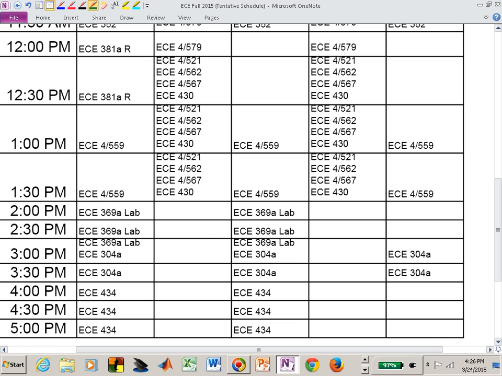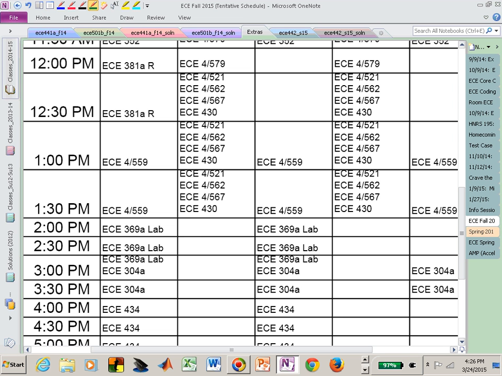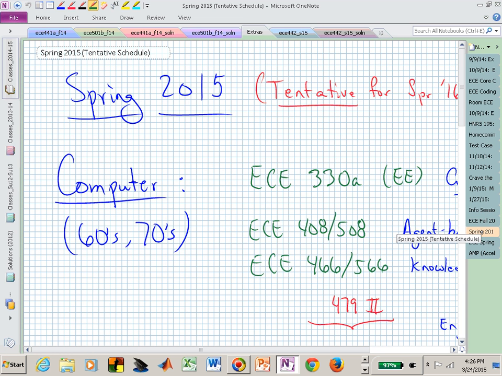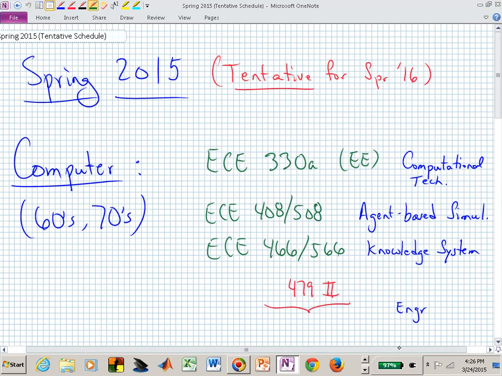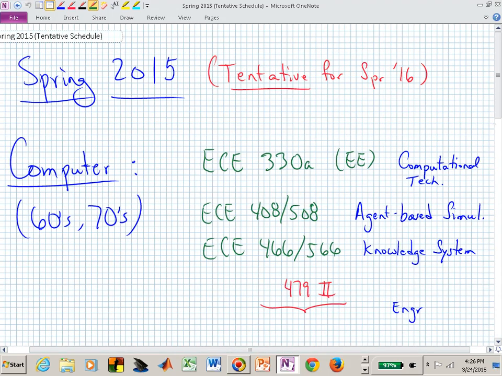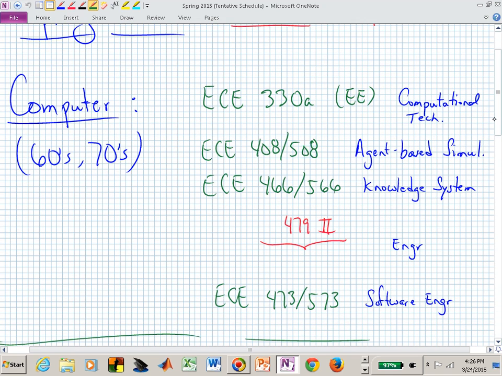The spring, I won't spend as much time writing things down. I've already tried to base this off of what is happening this semester. And we'll just quickly scroll through this.